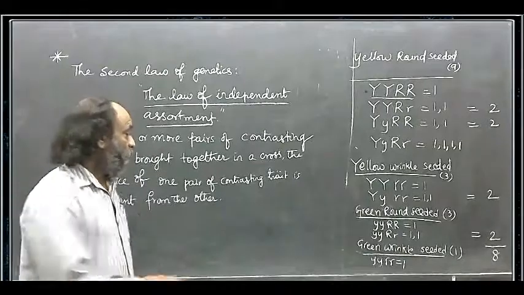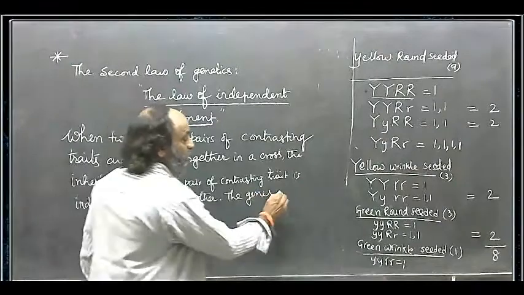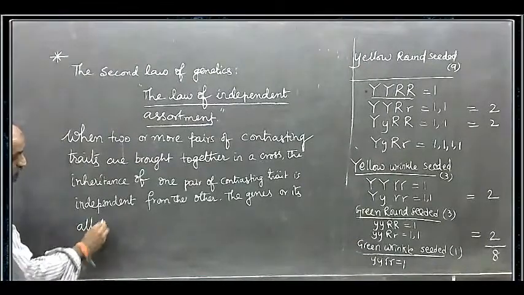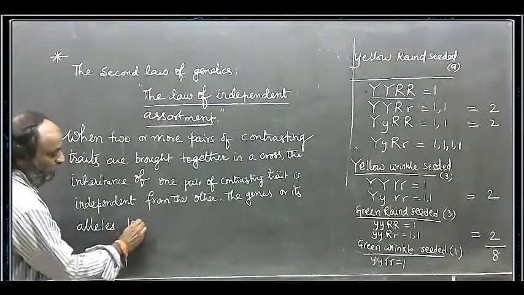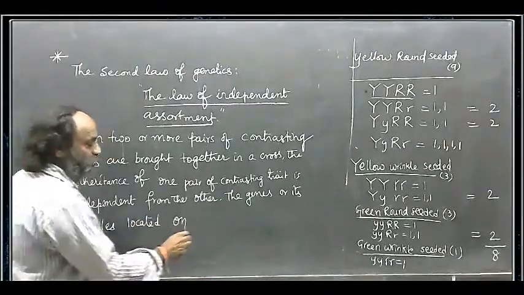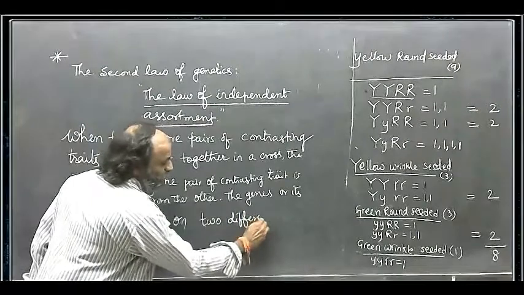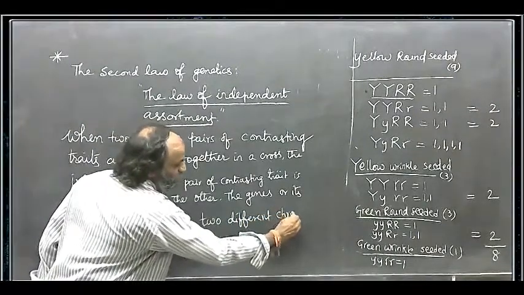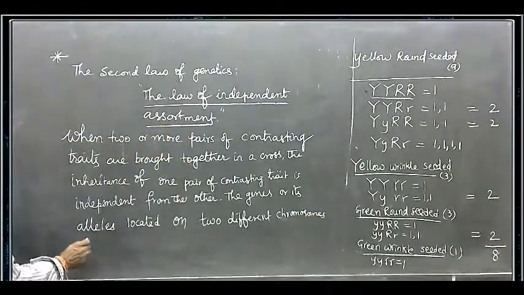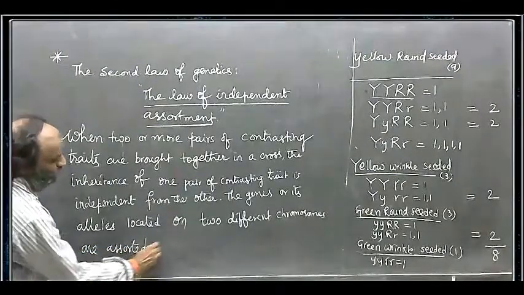That means the genes or alleles located on two different chromosomes are assorted independently.